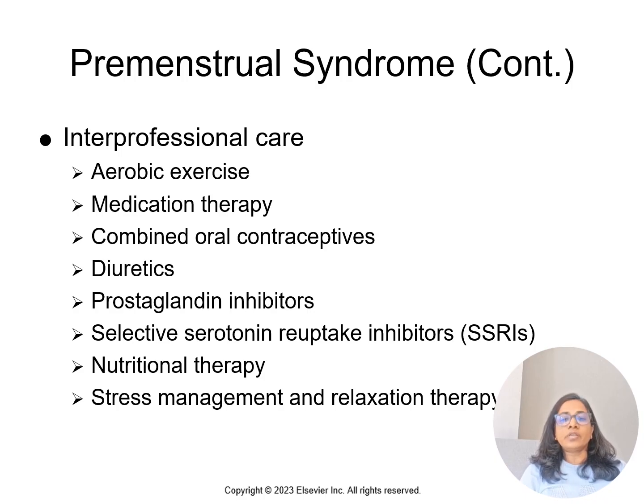Doctors nowadays recommend taking SSRIs, especially during the luteal phase. When SSRIs are used for depression, they are given throughout the year. But if used for PMS, we usually recommend patients take it during the luteal phase. So they don't have to take the SSRI during their follicular phase because they don't really have many symptoms.